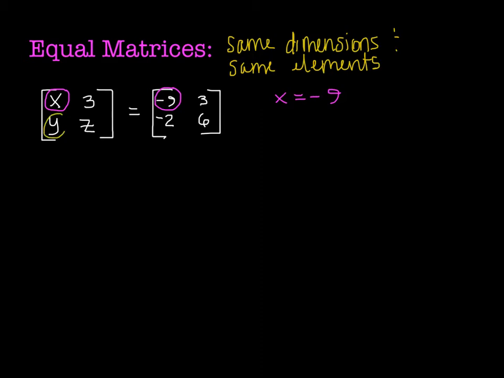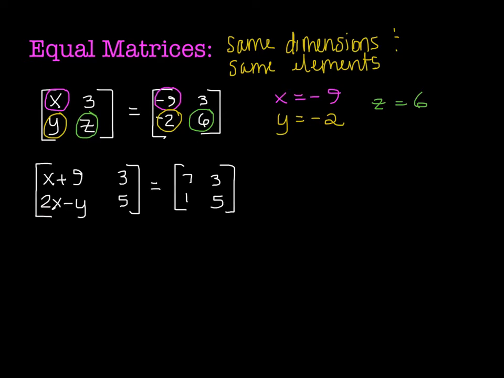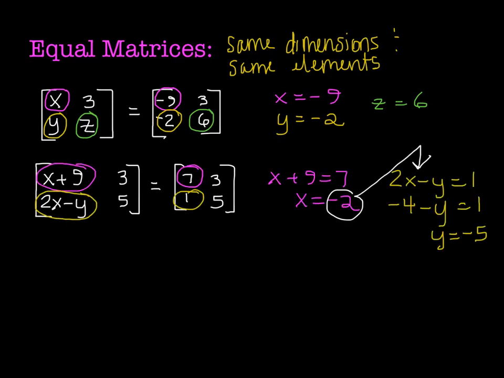This bottom left goes with this bottom left, so y is going to equal -2. And last, this bottom right and this bottom right are the same element in the different matrices, so z would be 6. So again, why don't you pause this and see if you can solve this matrix? Okay, pause and check your answers, and you see the work.